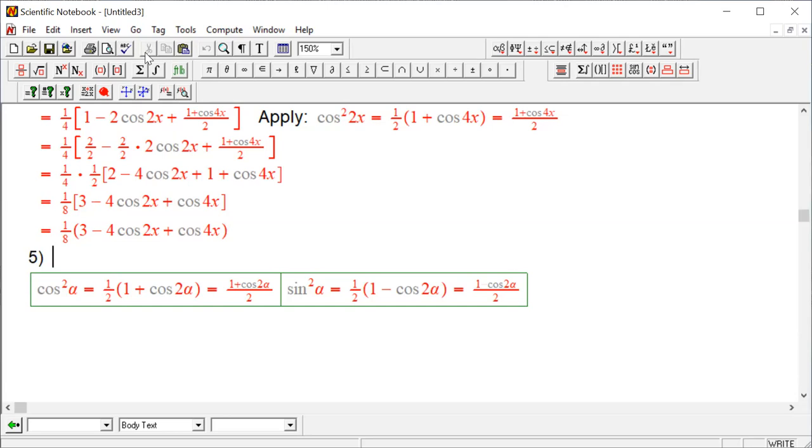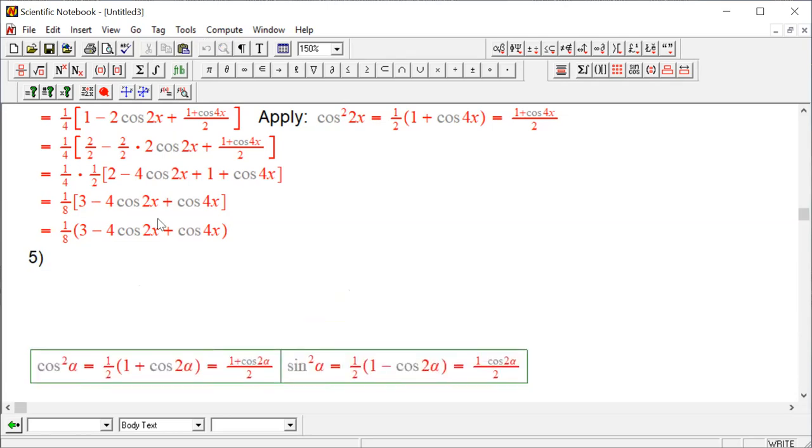I hope you will do this along with me. Cosine to the power of 4 of x. It's very similar to what we did. If you like, pause the video and do it, then come back to compare with me. That would be amazing.